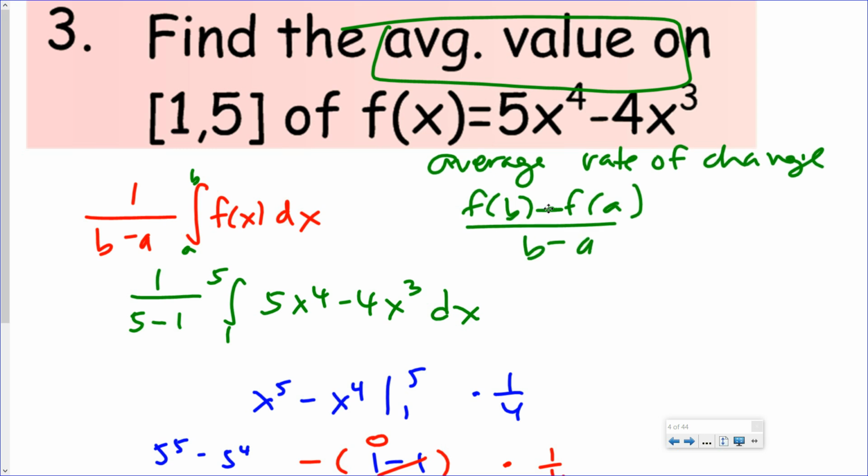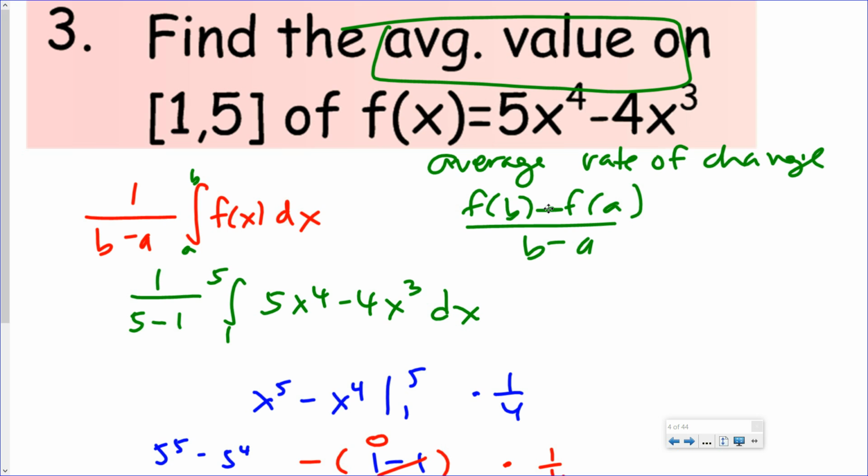When you guys learned slope in Algebra 1 and Algebra 2, did they talk about average rate of change being the slope? Did you guys hear that terminology? Yes. Okay. So I'm hoping that you did. I hope you heard it a lot, because that way you don't get confused between average rate of change and average value. Because average value is like a calculus thing. Average rate of change, you should have known when you came into this room before I confused you. Okay. And you got them confused.